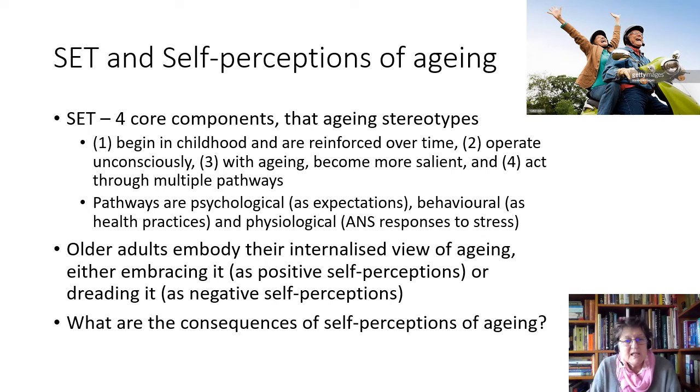So, SET proposes there are four core components: that aging stereotypes begin in childhood, operate unconsciously, become more salient with age, and act through multiple pathways. And as you can see, the pathways are psychological, behavioural, physiological. So older adults embody their internalised view of aging, either embracing it or dreading it.